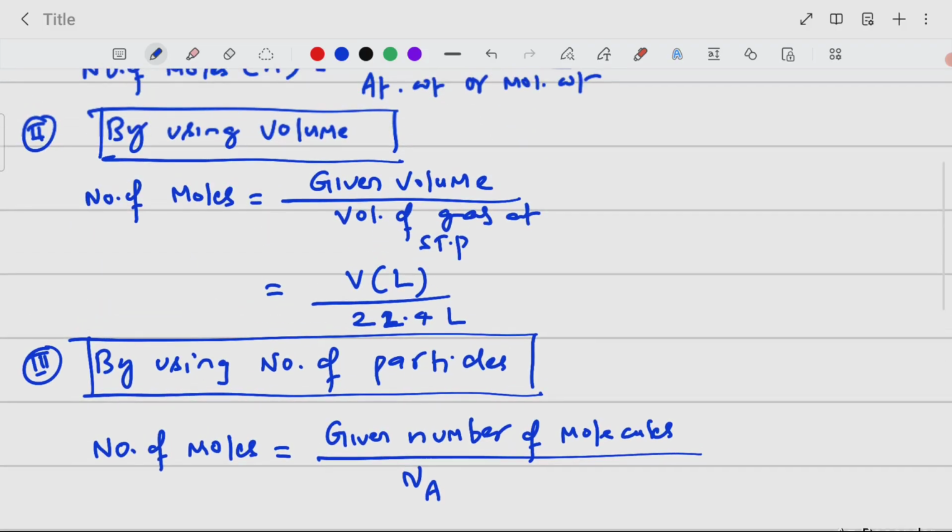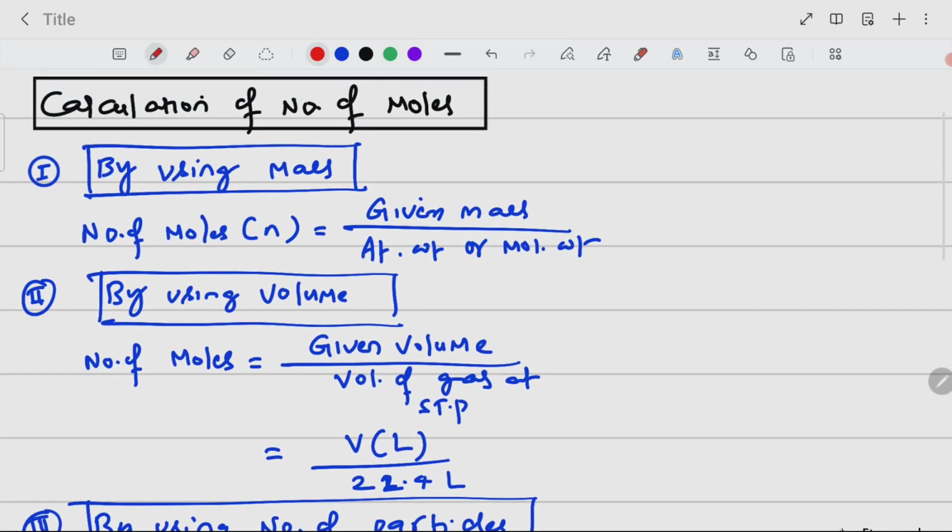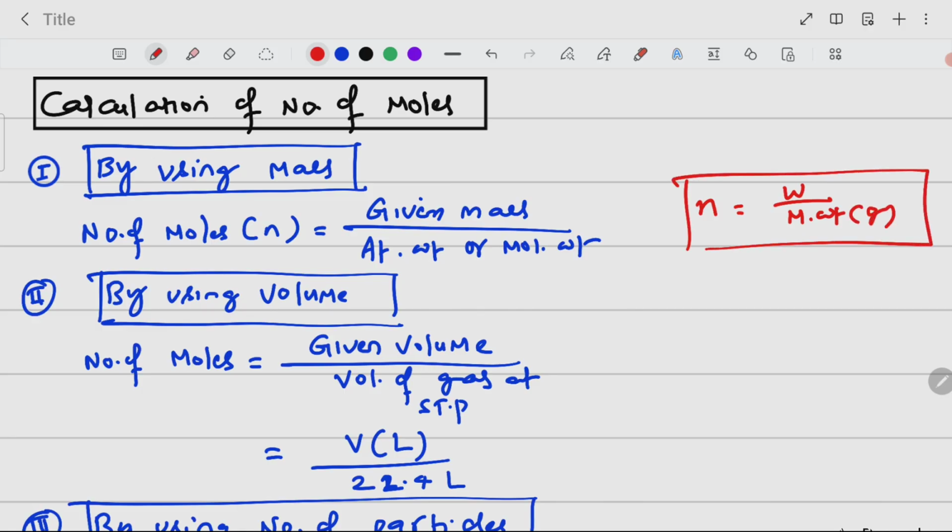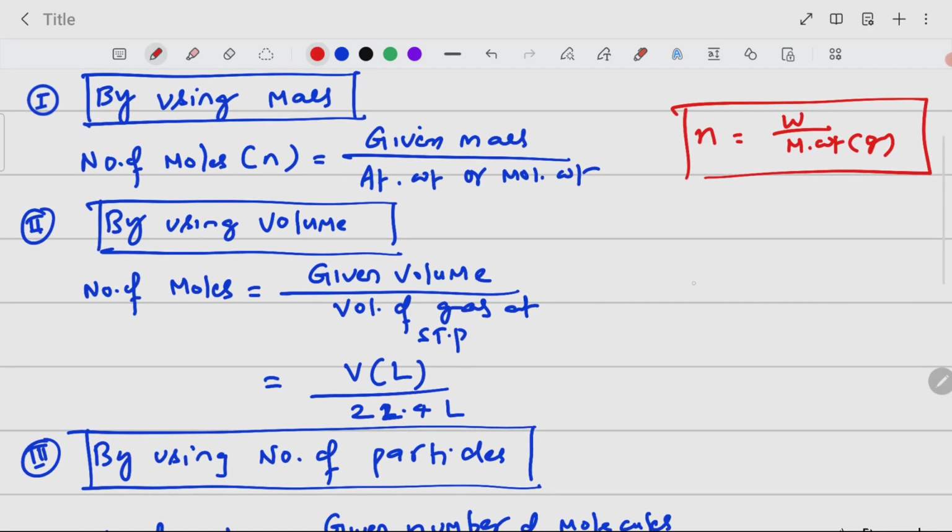Overall, the first formula: number of moles is equal to given mass by molecular weight in grams. Formula number 2: number of moles, small n, is equal to given volume by 22.4 liters at STP.